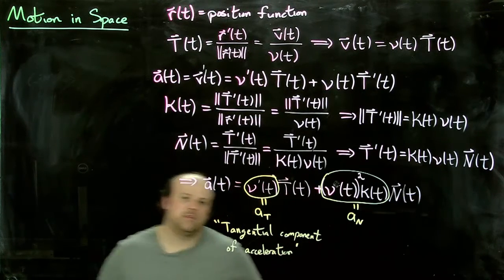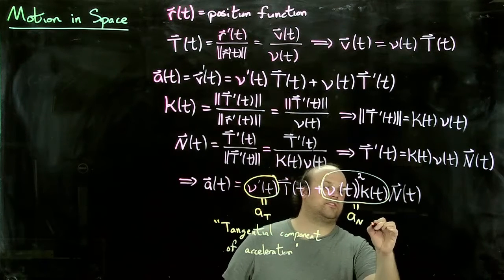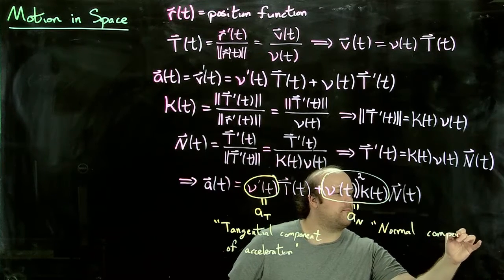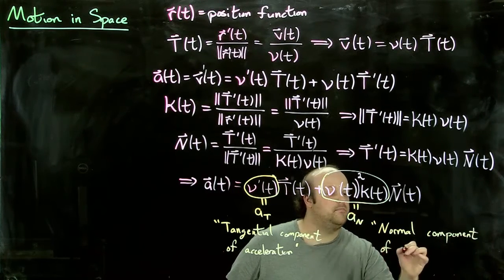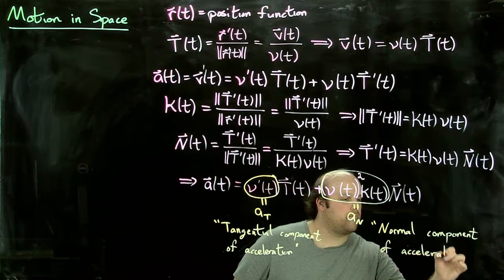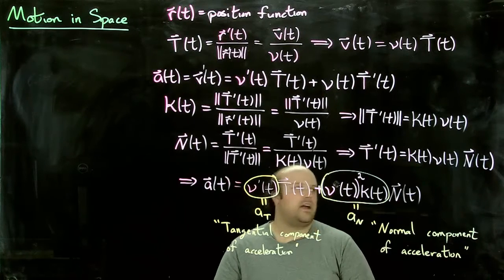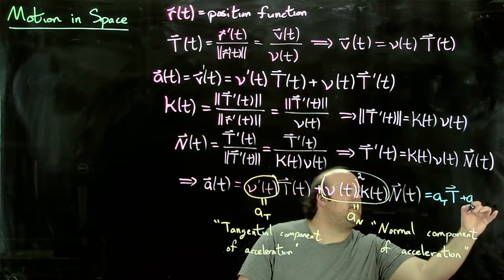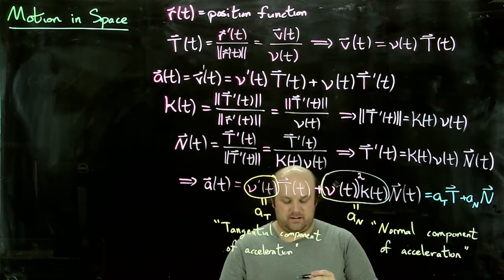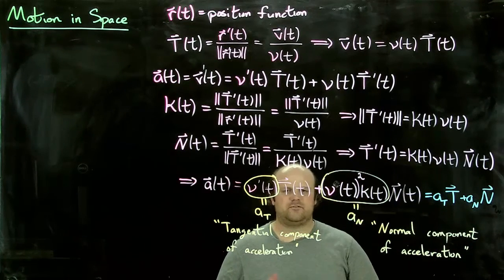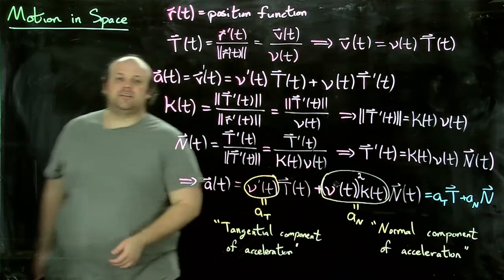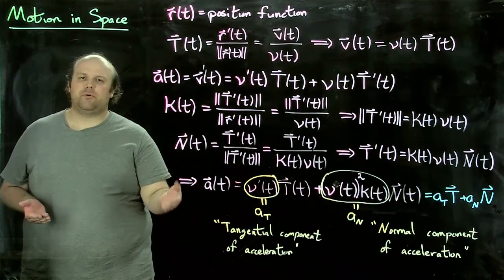And over here, we're going to call this the normal component of acceleration. What that enables us to do, in a nice shorthand way, is write this as a sub t times T plus a sub n times N. That lets us write the acceleration like this, and I've dropped the of t's here, but it's okay. All right, so these are going to be rather important things for us.